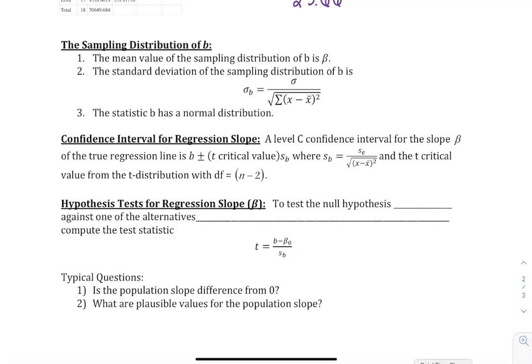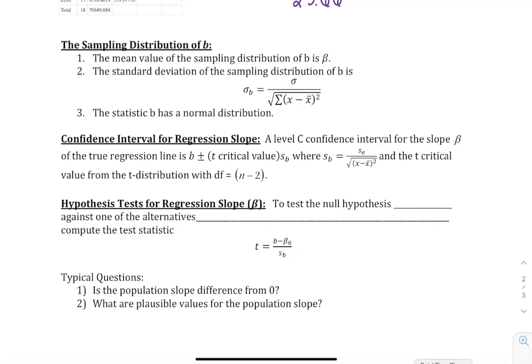Don't worry, StatCrunch is going to handle all of this for us, but I just want you to recognize that this is a sampling distribution like we studied before. And this sampling distribution is going to be normally distributed as long as our sample size is large enough.